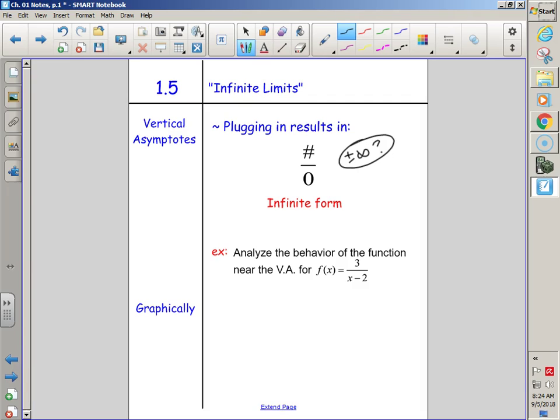Thanks, Ellie. Who's thought of something as far as how to sketch that graph down below? Something that we should think of all together, if we're trying to graphically think about it.